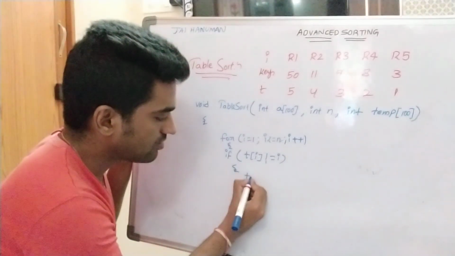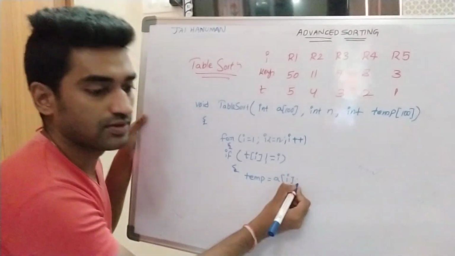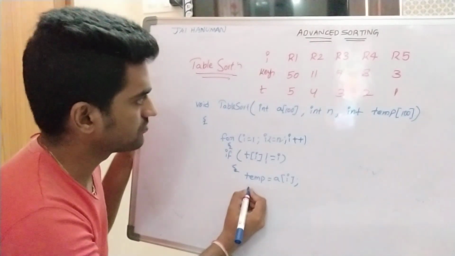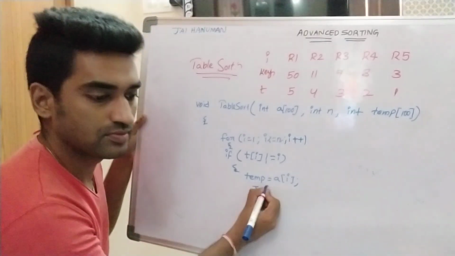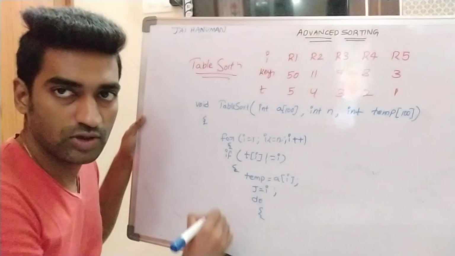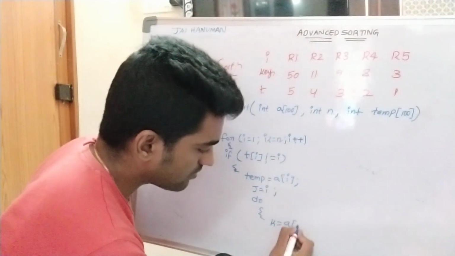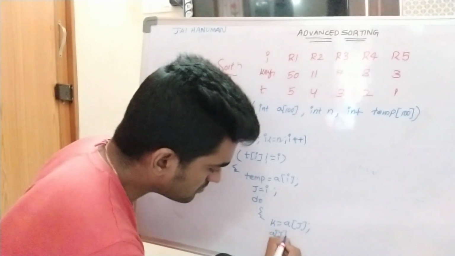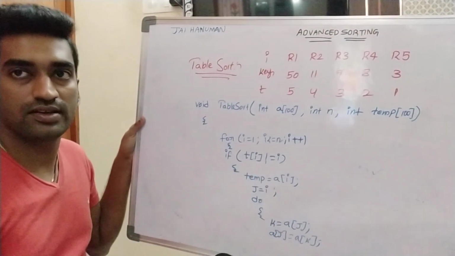Here temp is equal to E of I, and J is equal to I. Here we are checking one more condition with the help of a do while loop. K is equal to E of J. E of J is equal to E of K, so simply this is nothing but the swapping process.